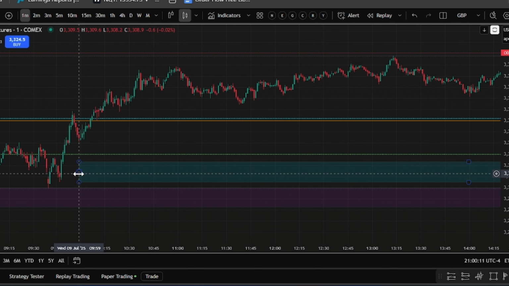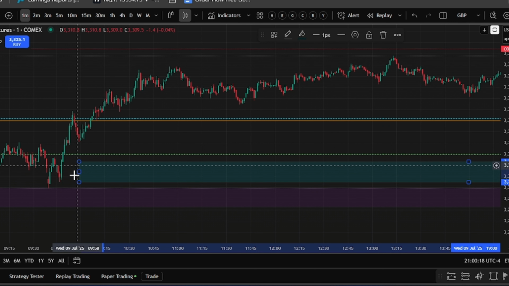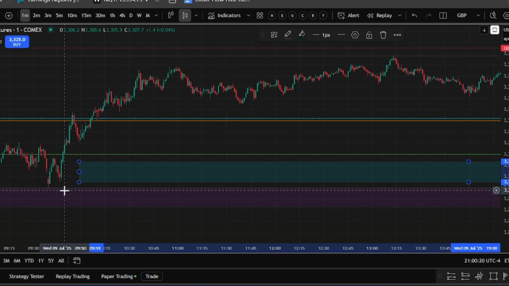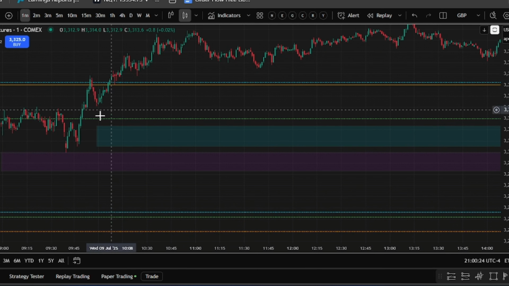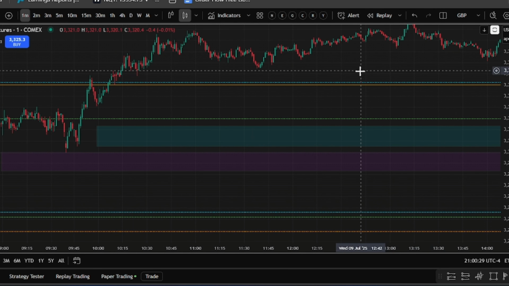This one was provided at 10, so these zones provide a good bias for the day. You long above and you short below. Once price has left both the zones, it's a long setup.